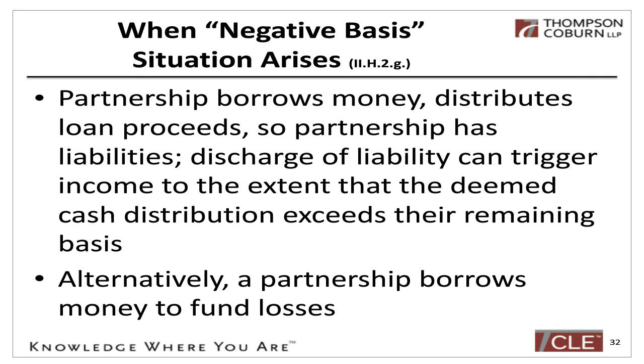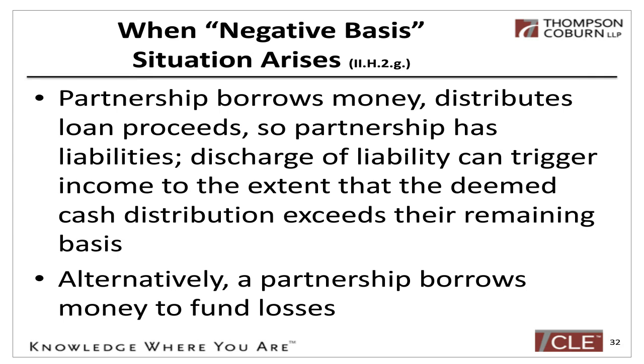So now there's no basis in the partnership, but there are liabilities in the partnership, and if those liabilities decrease for any reason, that's a deemed distribution to the partner, and if that's in excess of basis, then there's a tax situation.